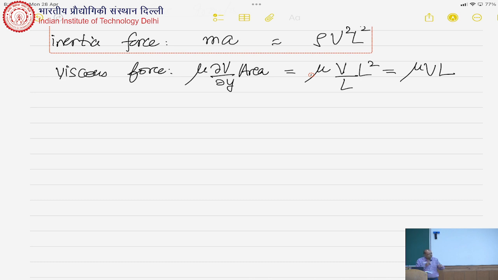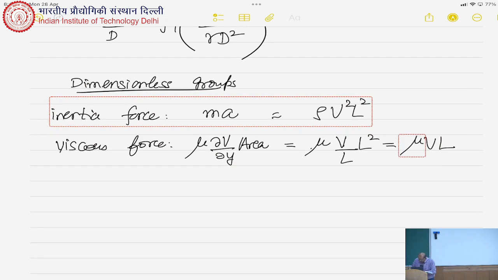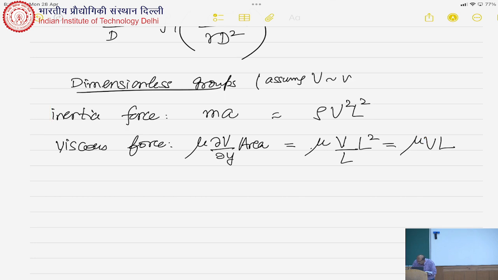So the viscous force, so here what I'm trying to do is assuming v is a velocity in the flow, typical velocity, and L is a length scale.